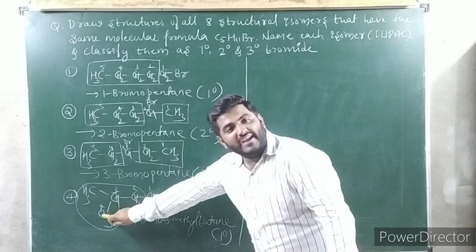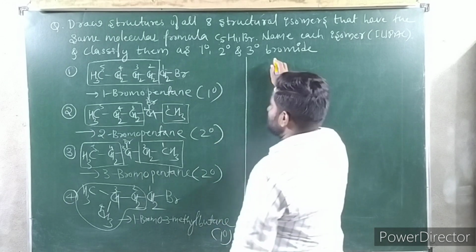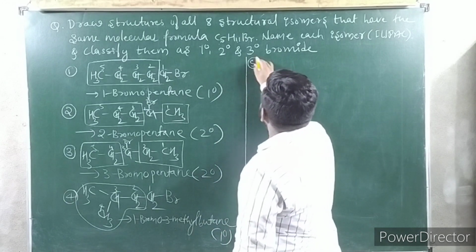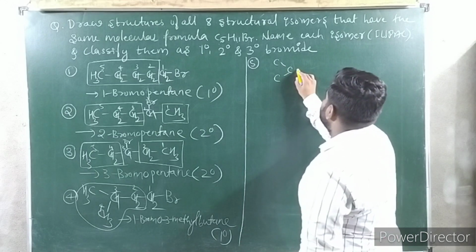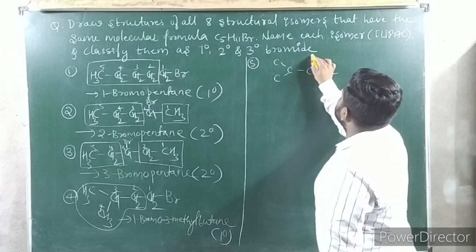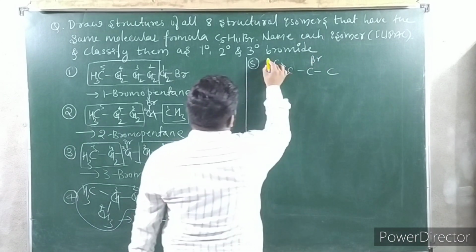Now, same thing. You take bromine at the second position with the same branching. See, this way: carbon, carbon, carbon. Second position bromine. Getting my point? Remaining you add hydrogen.